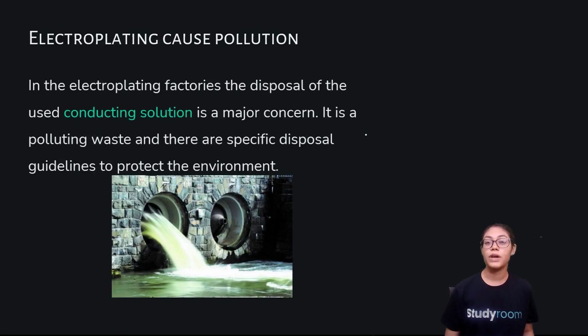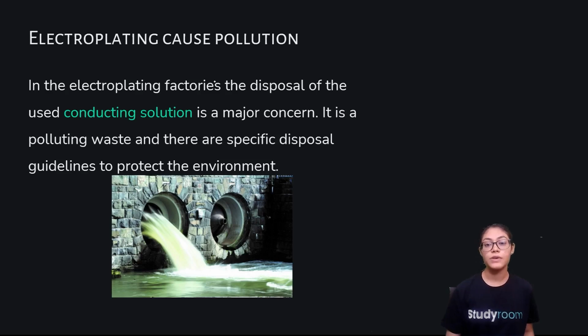Now, electroplating causes a certain kind of pollution. There is a complicated procedure for electroplating which involves the usage of a lot of chemicals, and that is why it causes pollution in the environment.